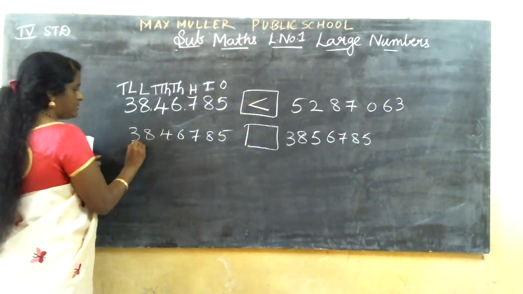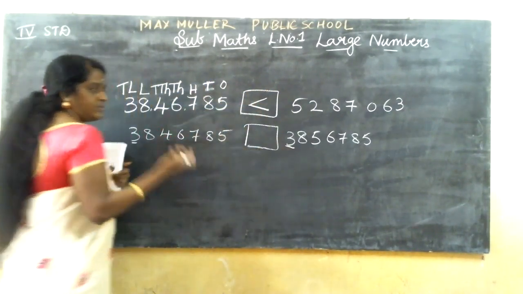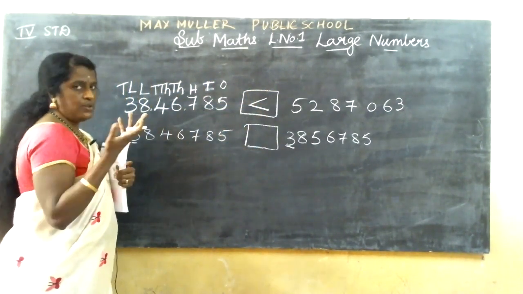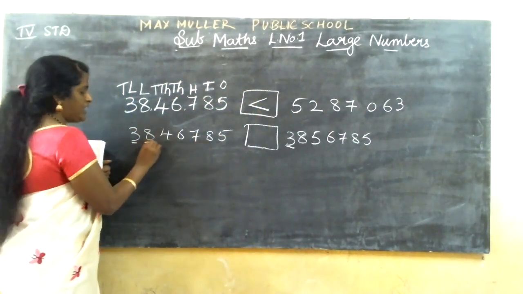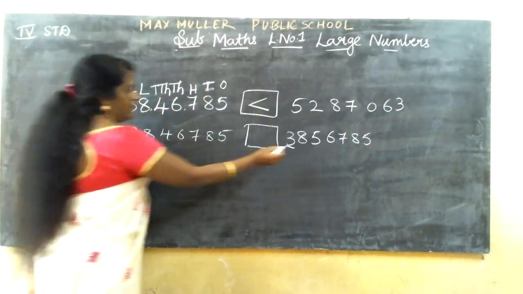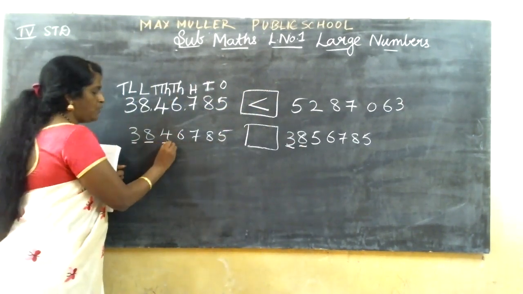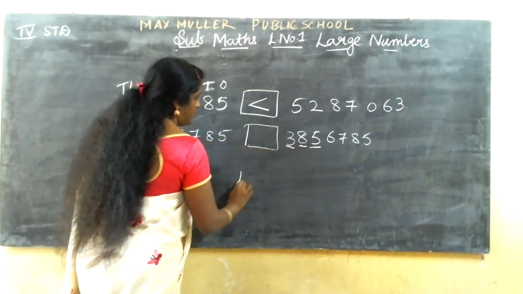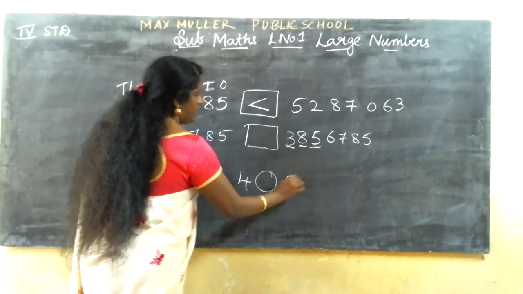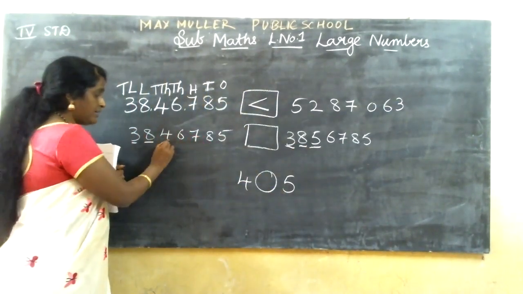Now here 3 is the same, so which is greater, which is lesser? You don't know. Next, 8. Both are the same. So 4 and 5: in this 4 and 5, which is greater? I took the third number.